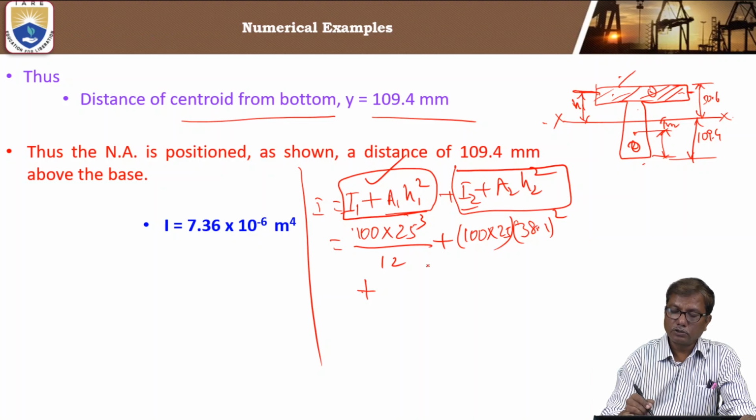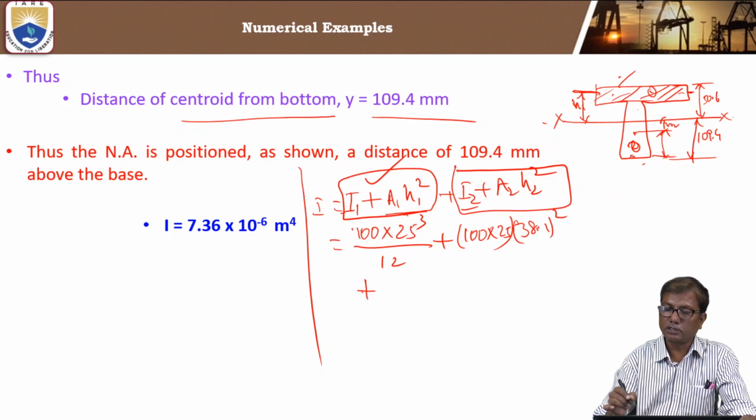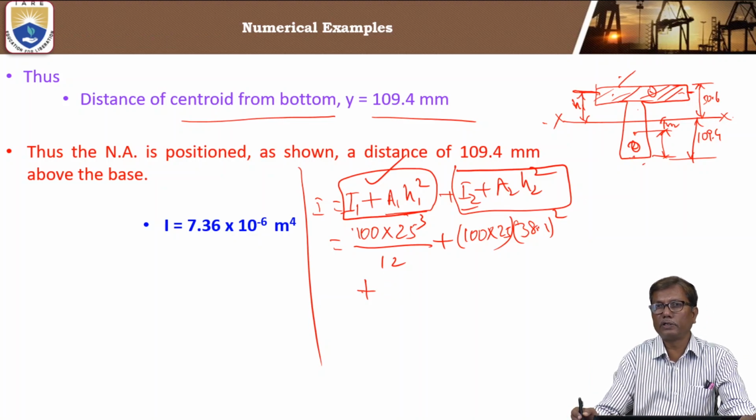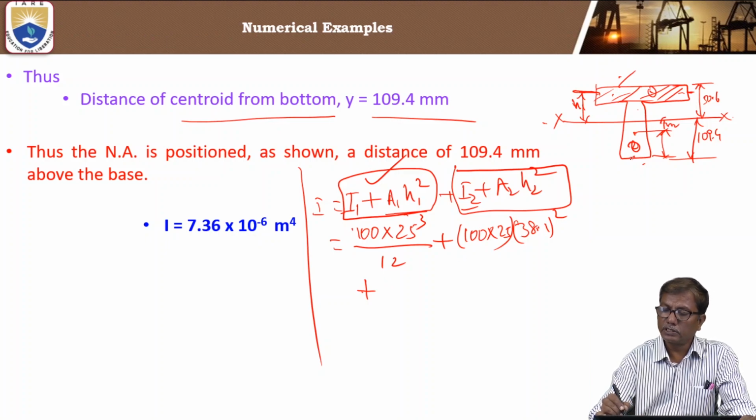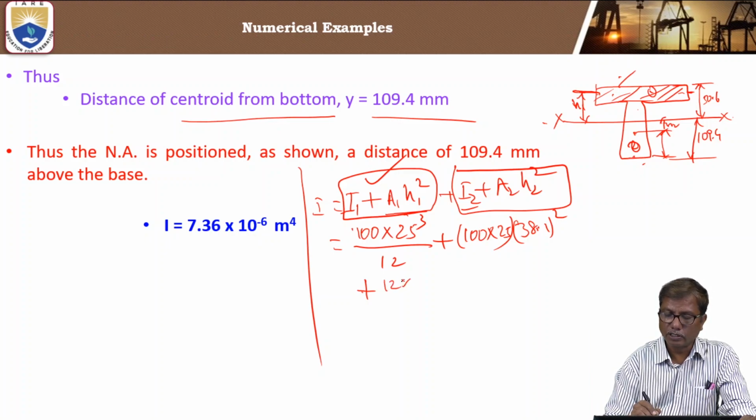Similarly for web, I2 means centroidal moment of inertia of the web portion. So the width is 12 mm and depth is 125 mm, BD cube by 12.